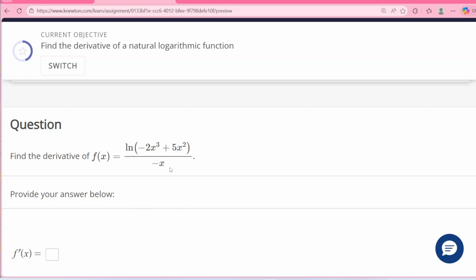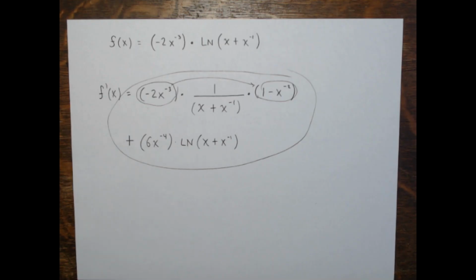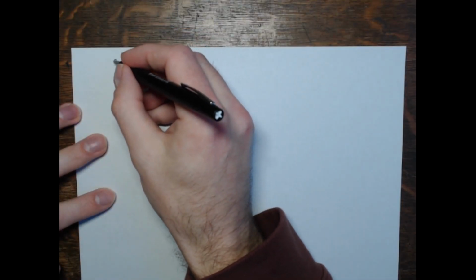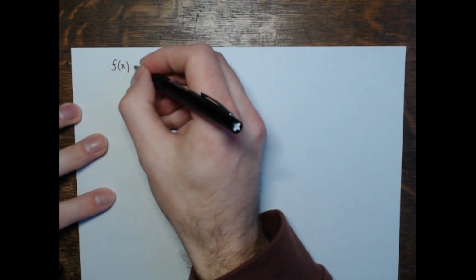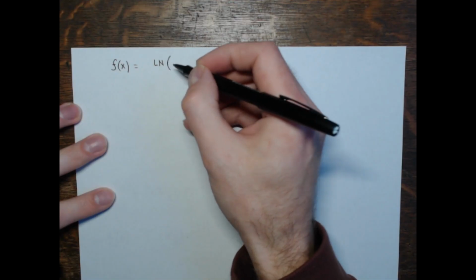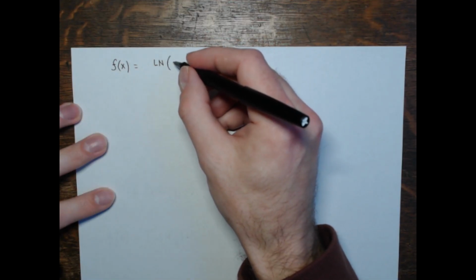All right, so another one where now you can rewrite this instead of dividing by -x, because if I leave it this way, I'd have to use the quotient rule. It's a fraction, but you could rewrite divided by -x as times -x to the -1, which I think I will do, so that way I can just use the product rule again. So again, here's the way it originally looks. You have the numerator with this natural log of, and then, not just x, but something inside here.